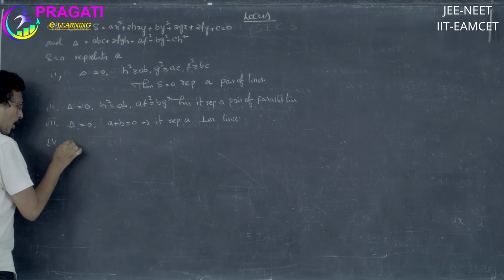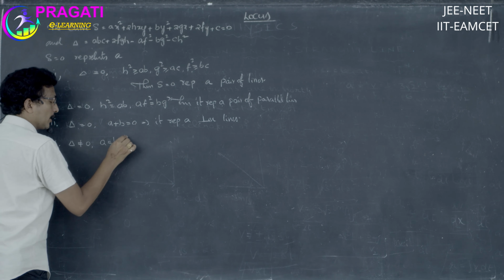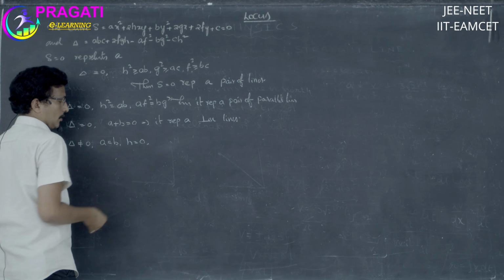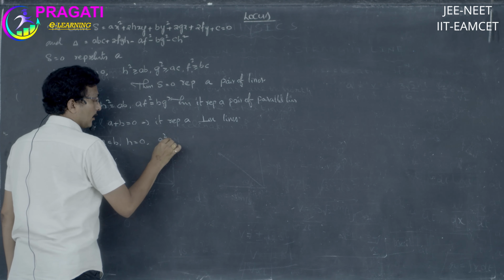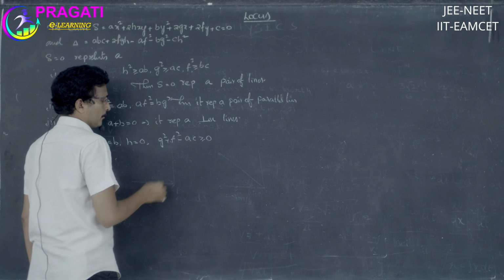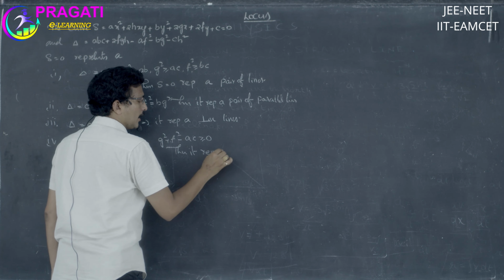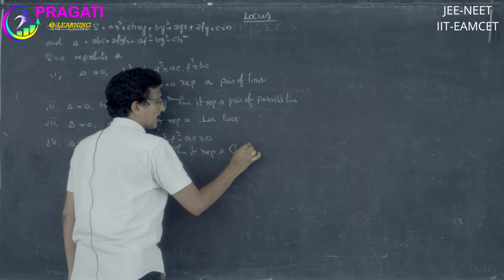Suppose delta not equal to 0 and a is equal to b, h equal to 0, g square plus f square minus ac greater than or equal to 0, then it represents a circle.